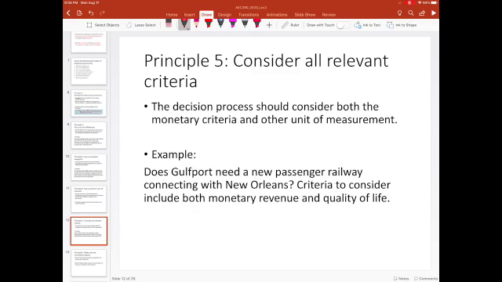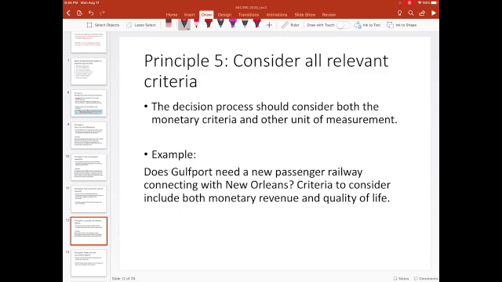But there is something else you still need to consider, but it's not measurable, like the quality of life. We all know that the more transportation modes we have, the more options we have. So we're free to choose from different ways to move ourselves. And with the new railway station, you can have more economic development around it.